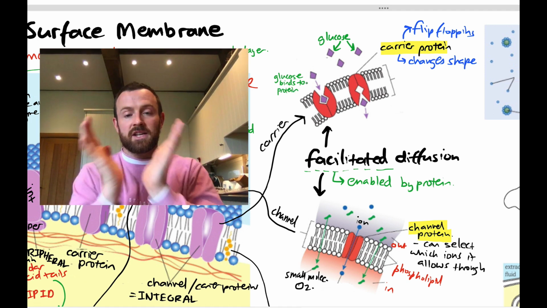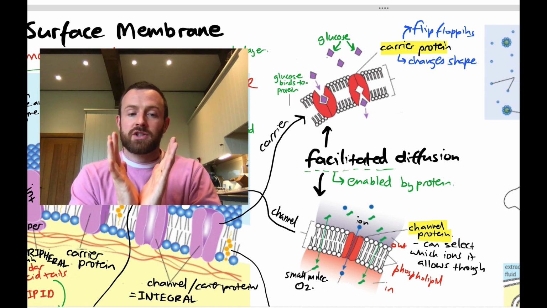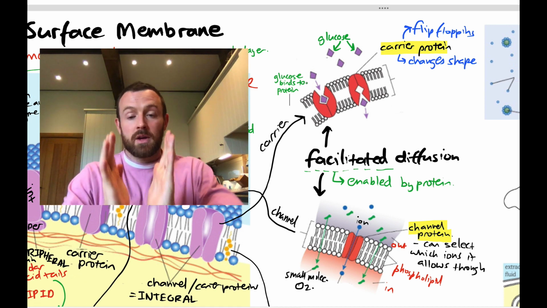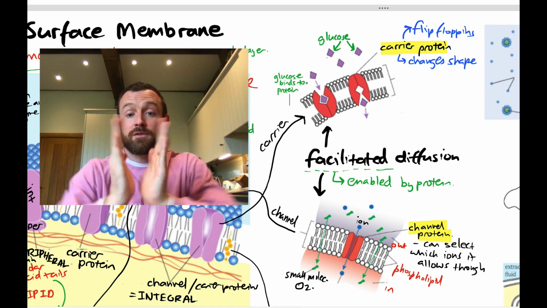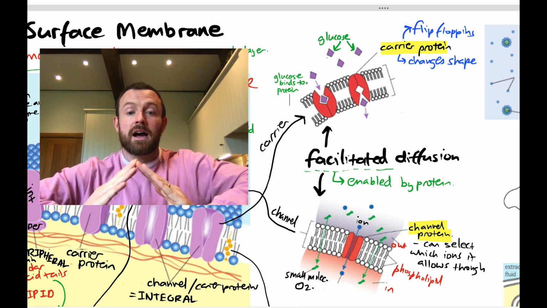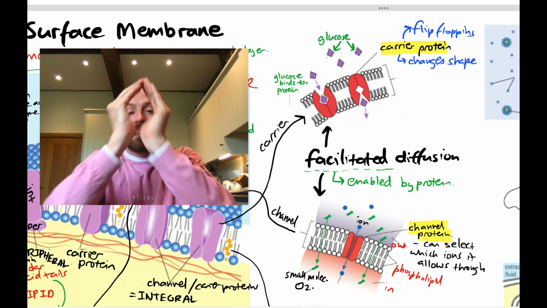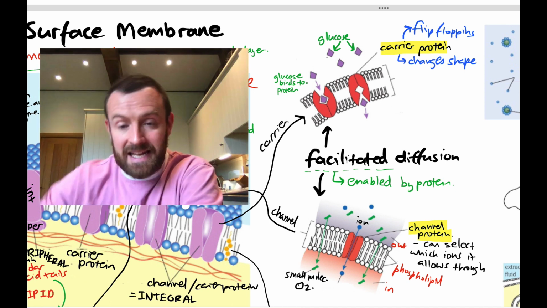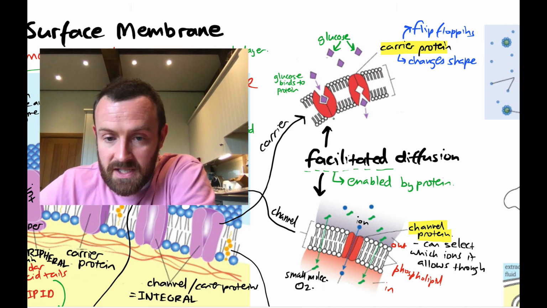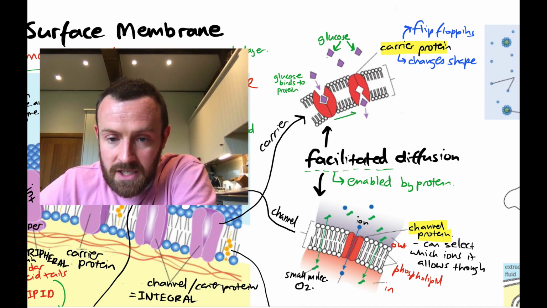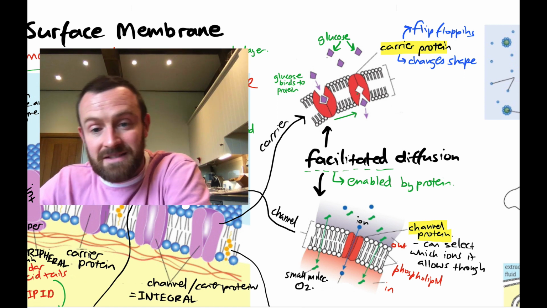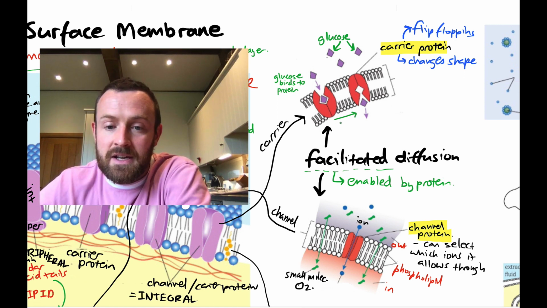When it binds, it triggers what's called a conformational change. So it changes shape. The binding causes the protein to flop like that. And now that glucose is taken through and it's released inside. Okay, so this from here to here is kind of happening in time. This is just at the beginning. This is a tiny microsecond later.